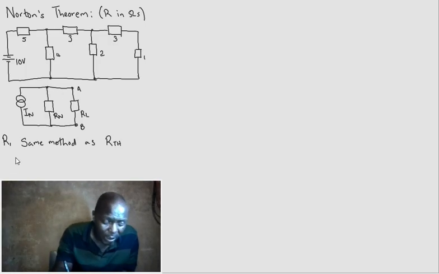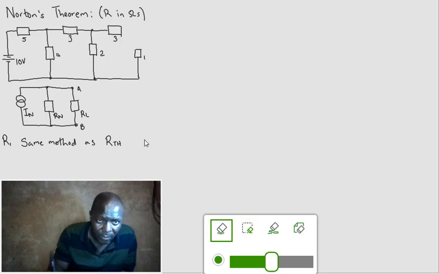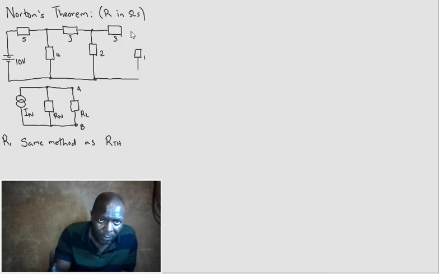What did we do? We said remove that one, remove this one, and then what do we do? You name those points A, B, and you say when you connect, what system resistance are we going to see? That does not change.